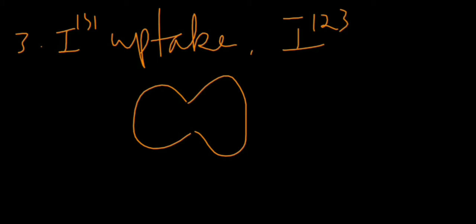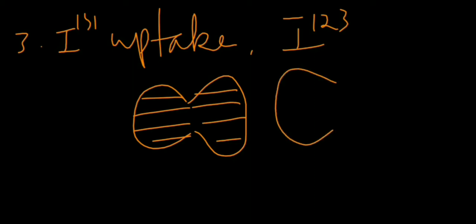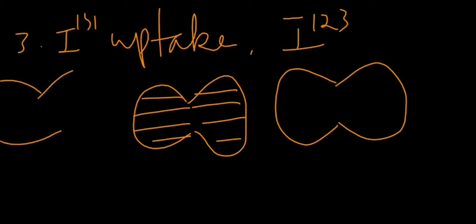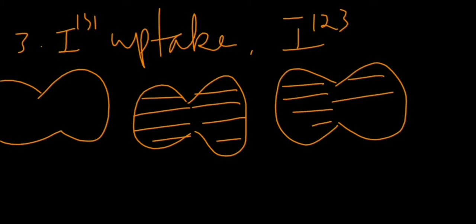Now you should remember that whenever we are giving iodine, normally all the area will be taking it up in the same way. This is the case of a normal one. But sometimes some area is taking it up very highly, so it appears very dark.